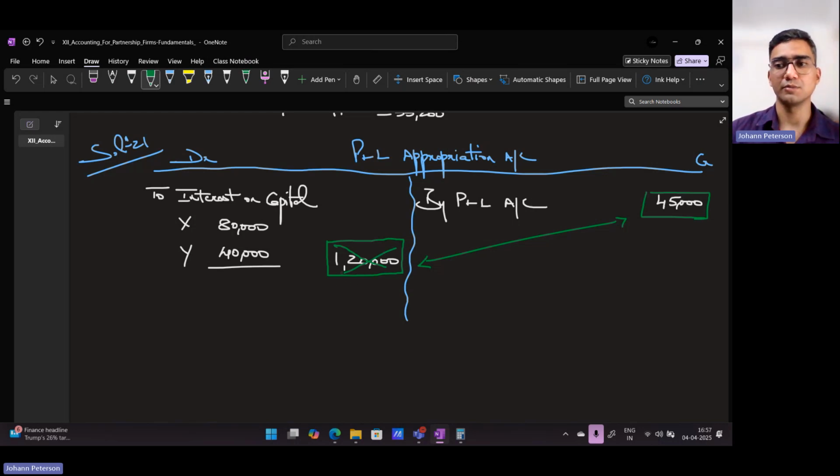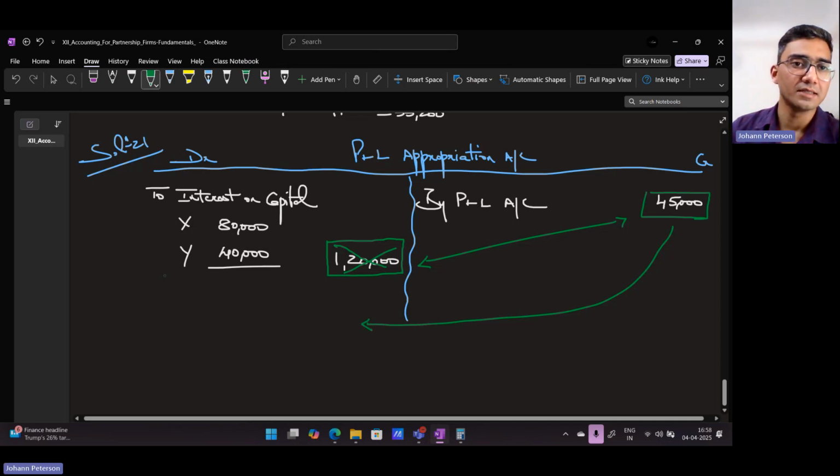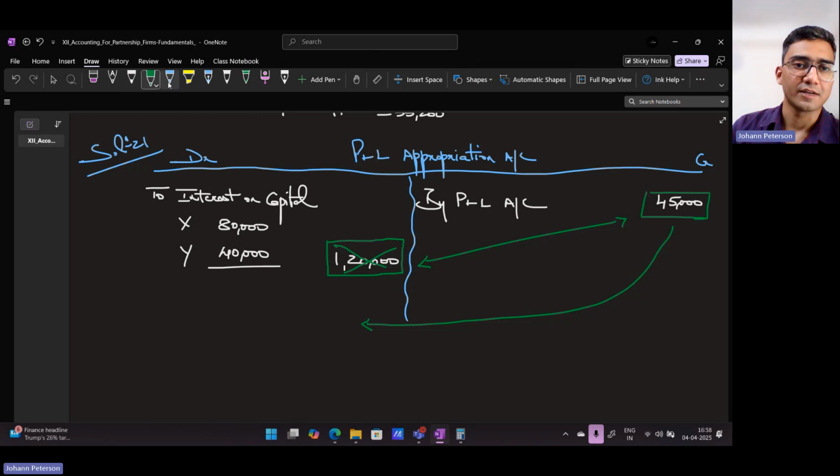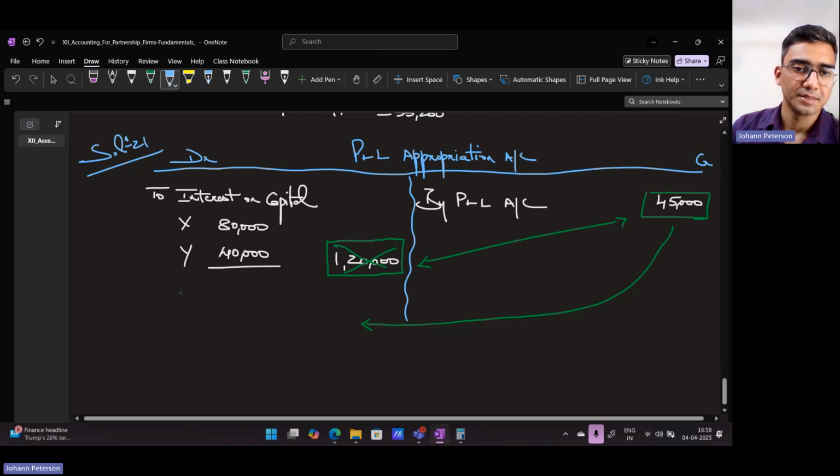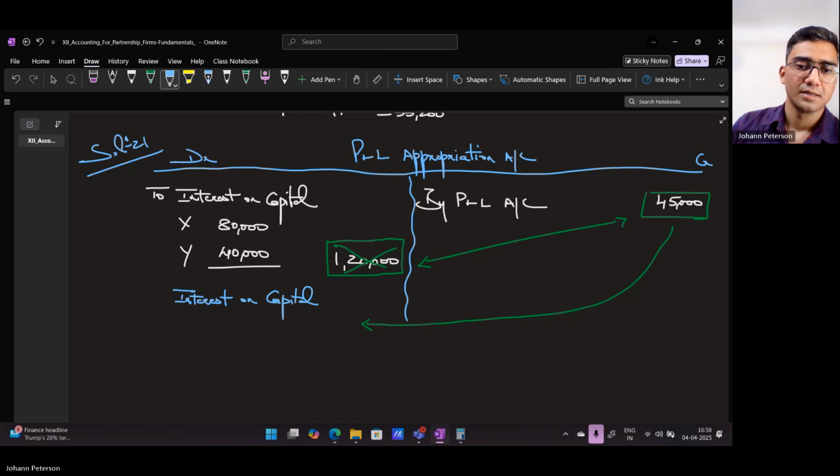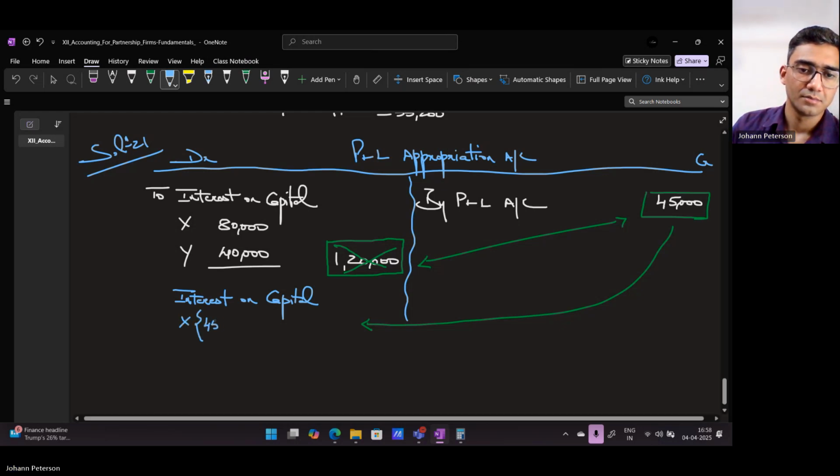Now in this case, what we will do is divide this amount, this 45,000, in a proper way. Now, which is the way that we will divide this? We will write interest on capital and give 45,000 in a particular ratio.